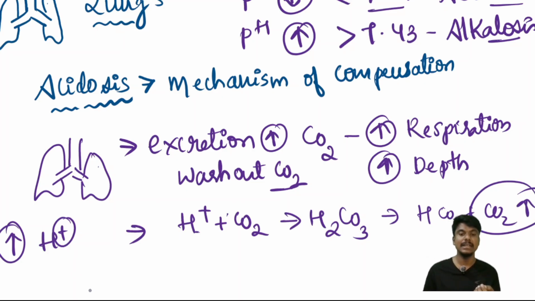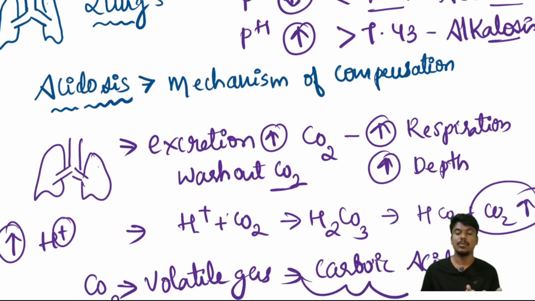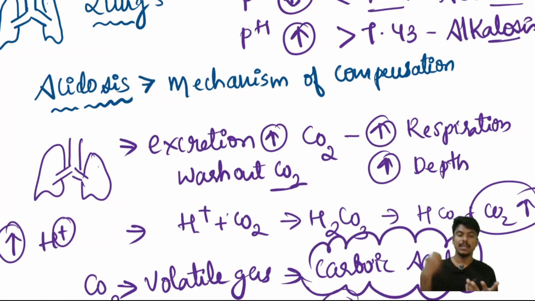Basically CO2 is a volatile gas. If CO2 is there, there is a formation of carbonic acid, and carbonic acid means more H plus ion. So if you wash out the CO2, there will not be an acidosis.